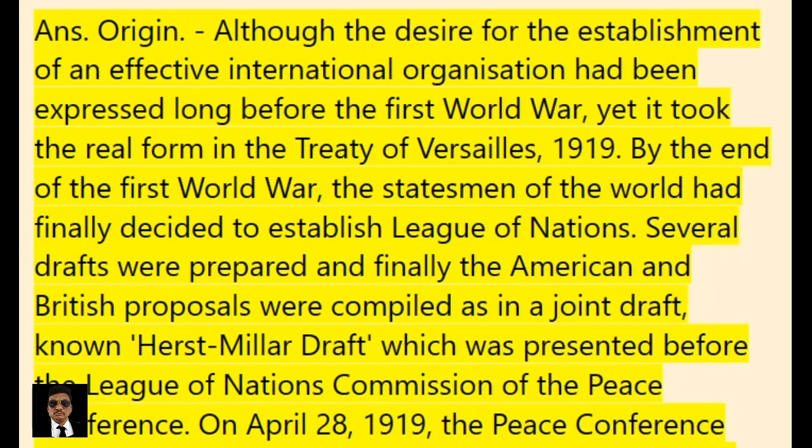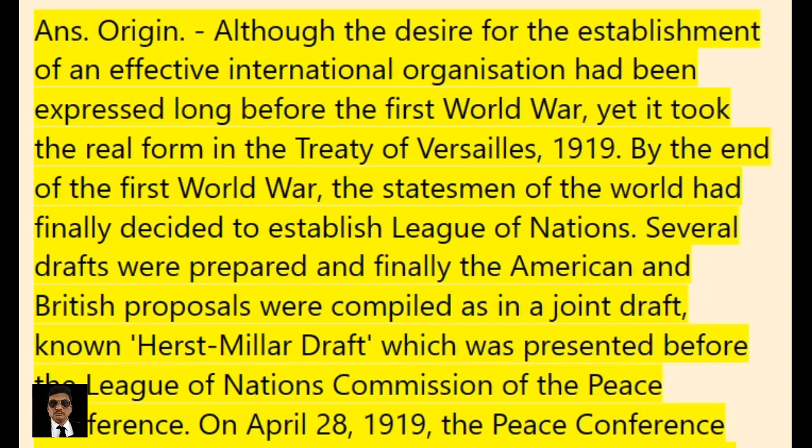By the end of the First World War, the statesmen of the world had finally decided to establish the League of Nations. Several drafts were prepared, and finally the American and British proposals were compiled in a joint draft, known as the Hurst-Miller draft, which was presented before the League of Nations Commission of the Peace Conference.